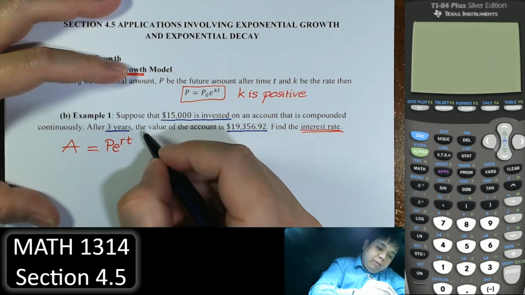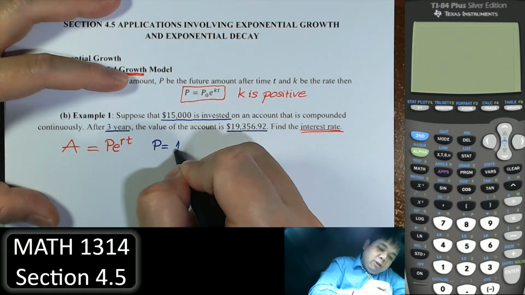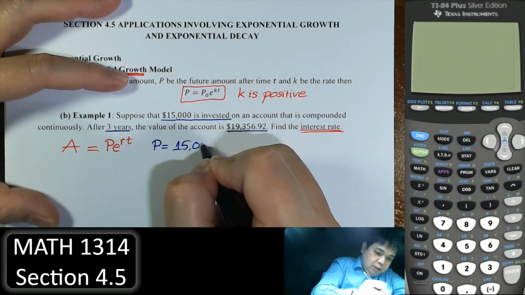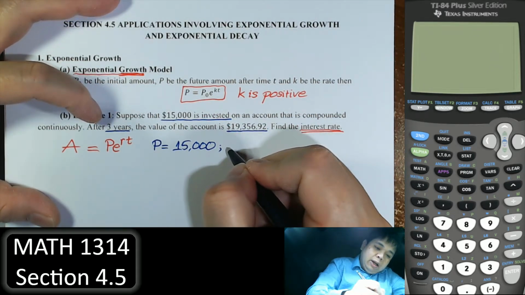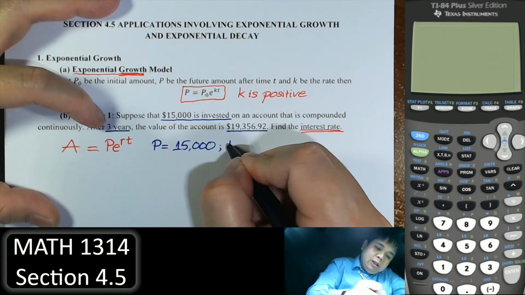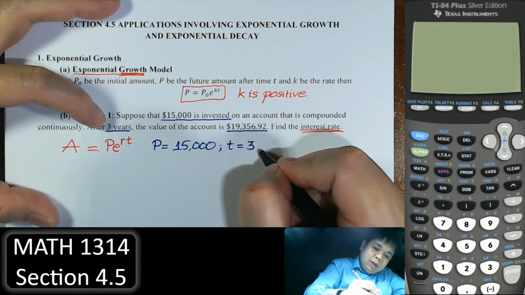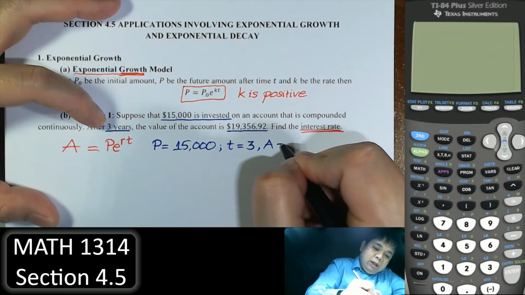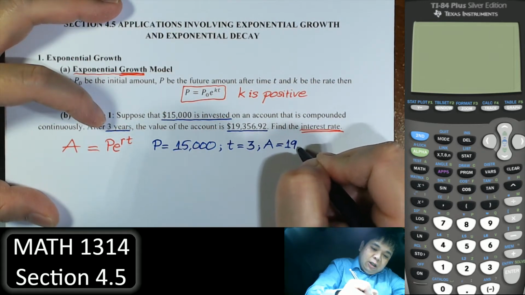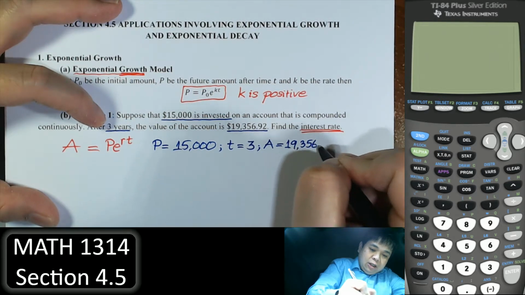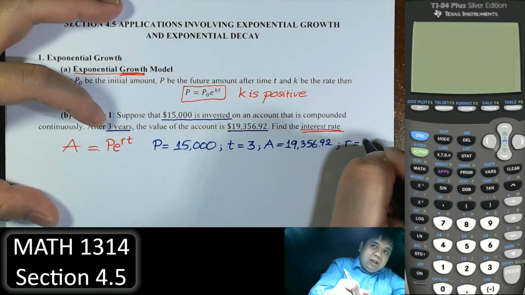So we have the principal, initial amount, 15,000. After 3 years, the future amount will be 19,356.92, and the question asks for the rate.